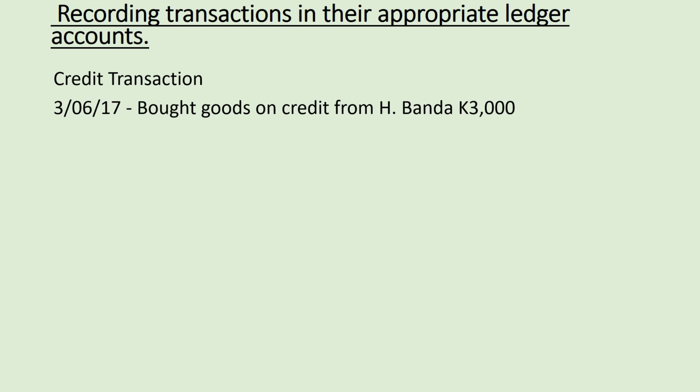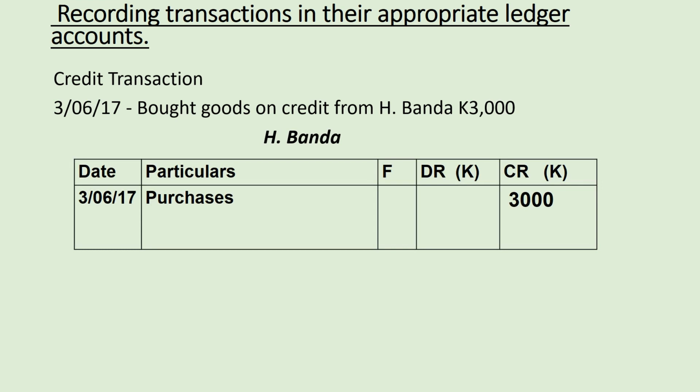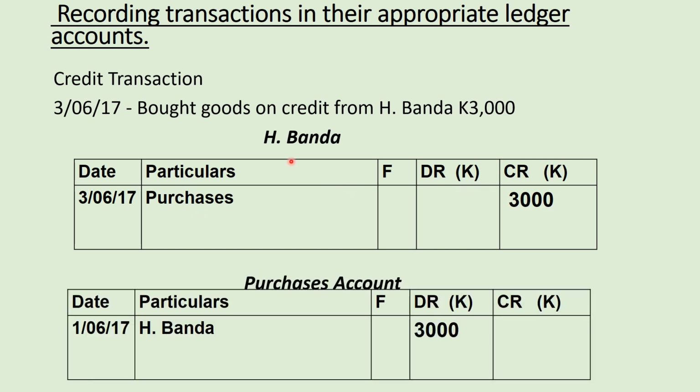H Banda's account gave us these goods valued at 3,000, and the purchases account received. So H Banda, who gave, we record 3,000 because he gave away 3,000. Then of course particulars is purchases. Then the purchases account is going to receive this 3,000 from H Banda.